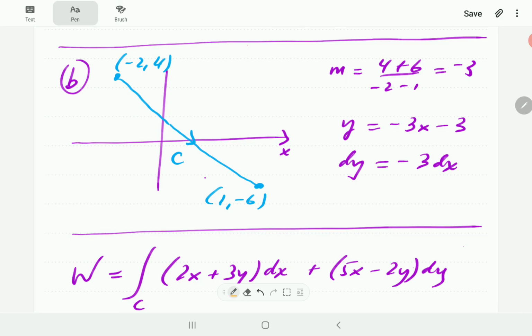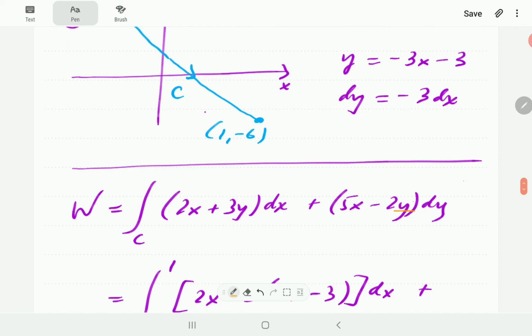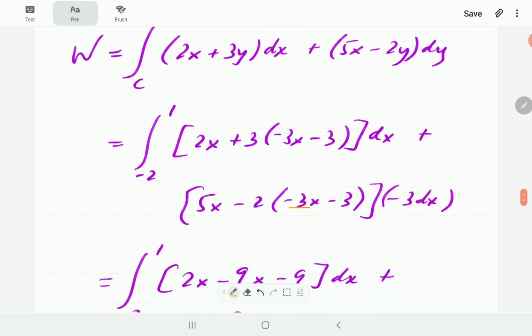And so, because we need to write this expression for the work done in terms of one variable, then we find that dy is -3 dx here. So this is going to be -3 dx. And then if we plug in y is -3x minus 3, wherever there is y, this is what we're going to find. dy is, of course, -3 dx.